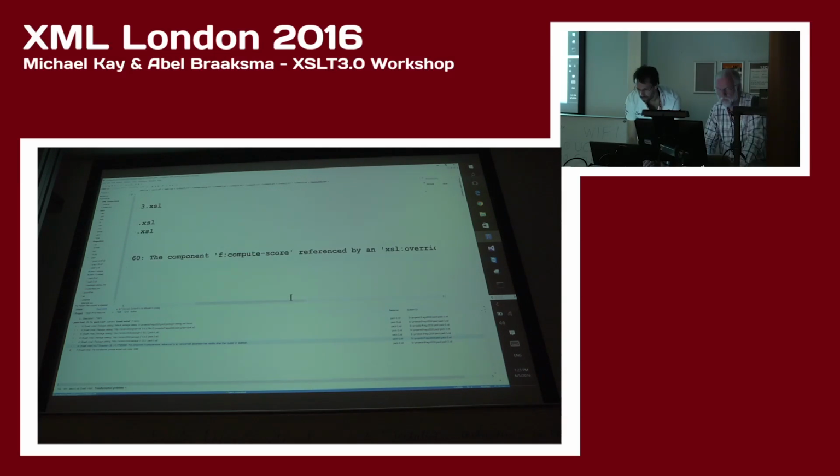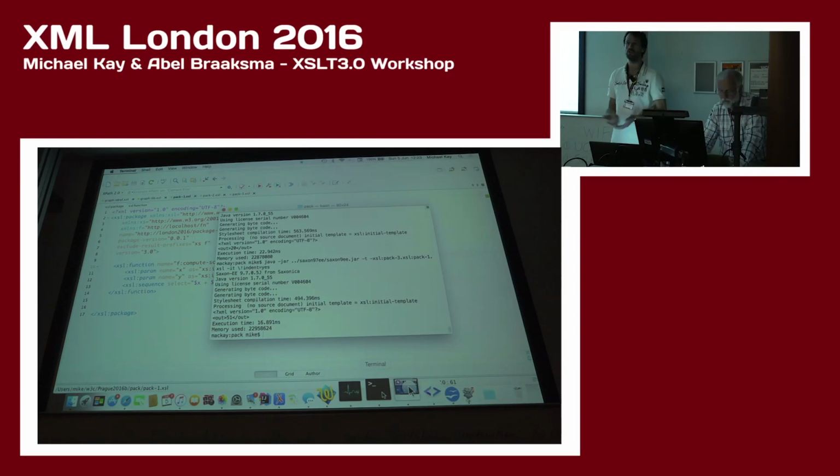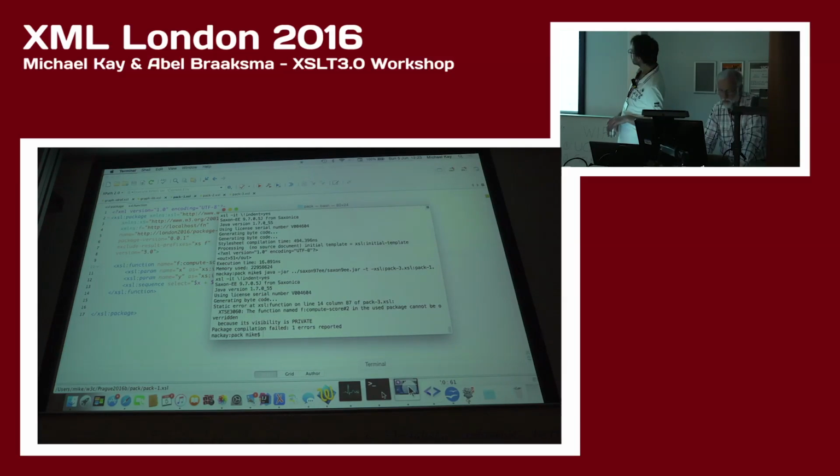The component fComputeScore referenced by an XSL override declaration has visibility other than public or abstract. So the component that I'm trying to override, fComputeScore, in the package that I'm using, is not public or abstract, so I'm not allowed to actually use it. It's inaccessible. That's what the error says. And what Saxon says is the function named fComputeScore #2 in the used package cannot be overridden because its visibility is private.